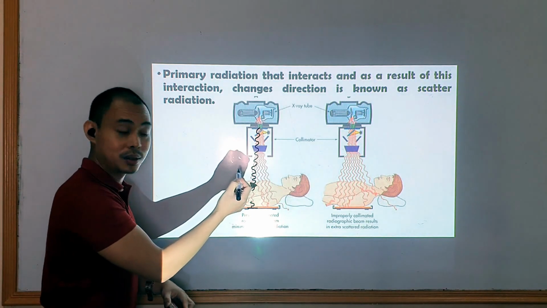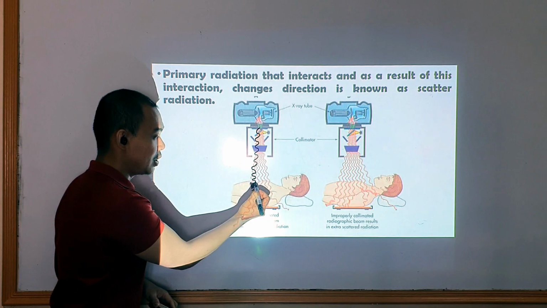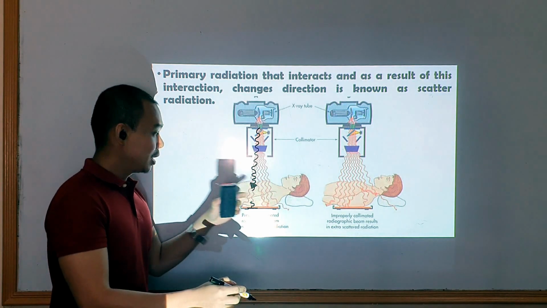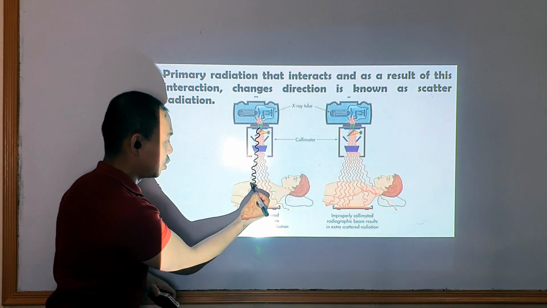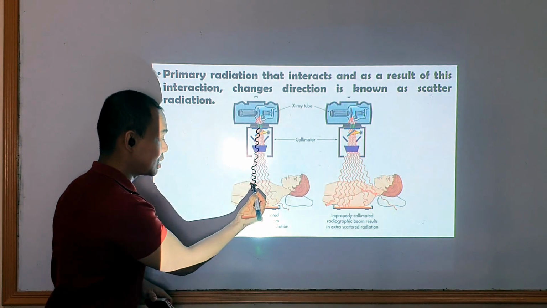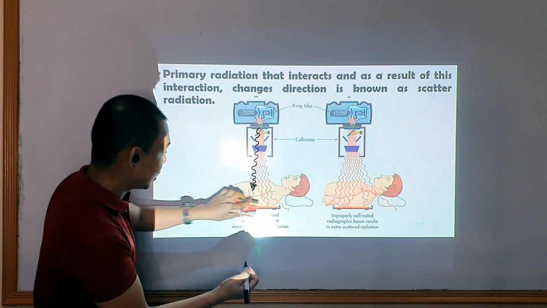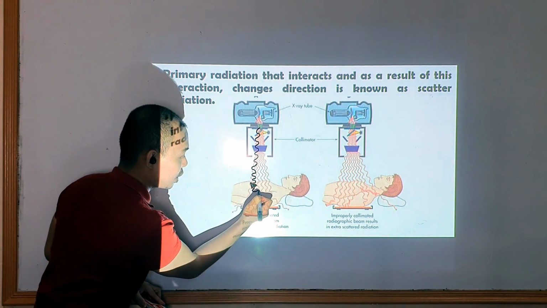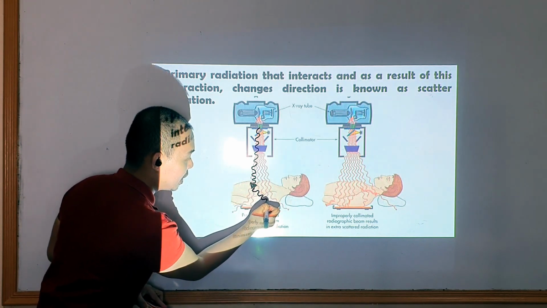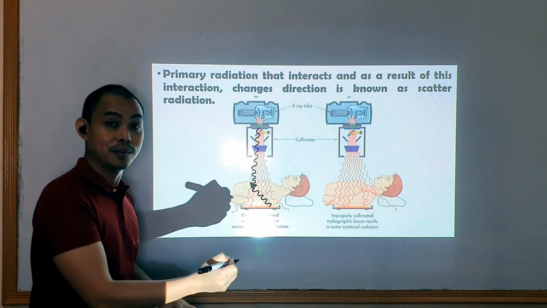Now, second scenario. Photon is produced, goes inside the patient's body, and then it goes to that anatomy, gets information, but changes in direction.